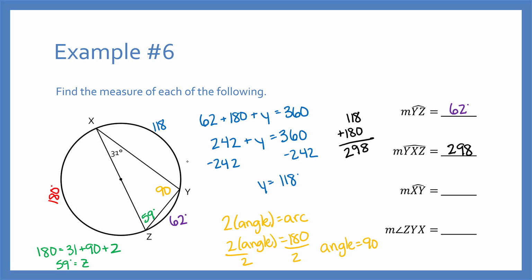And then the measure of arc XY, 118. And the measure of angle ZYX. ZYX is our 90 degree angle. Again, just look at the individual pieces, find those first, and then focus on filling in the answers and finding what you don't know.